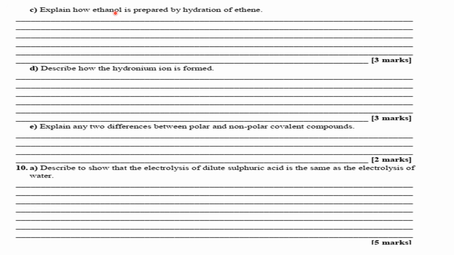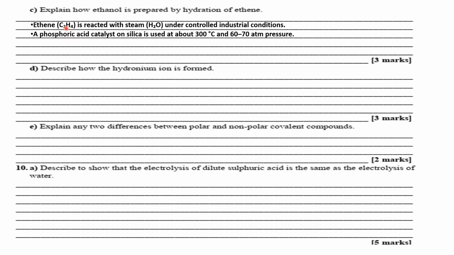Explain how ethanol is prepared by hydration of ethene. Remember, alcohol ethanol can be produced by fermentation and by hydration of ethene. All right, so ethene is reacted with steam under controlled industrial conditions.